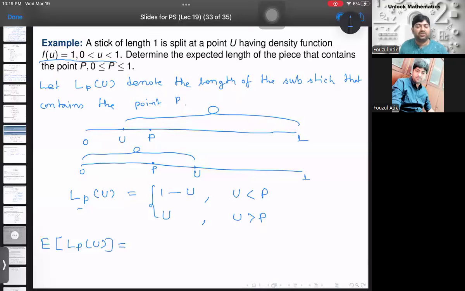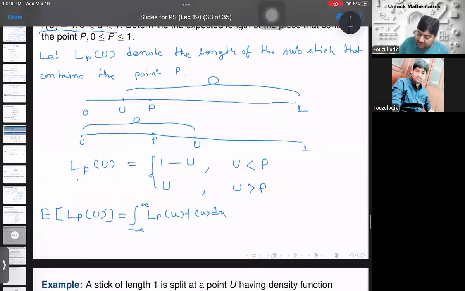Again we know the theorem: the expectation of g(X) is the integral from minus infinity to infinity of g(x) f(x) dx. We apply the same thing, so it is the integral of L_P(U) f(u) du.